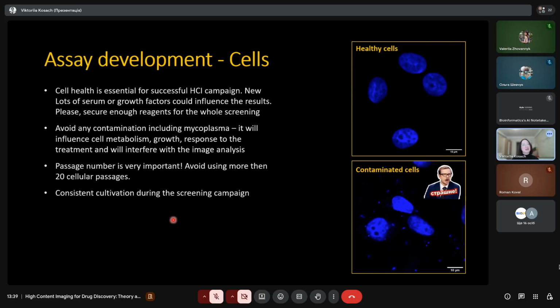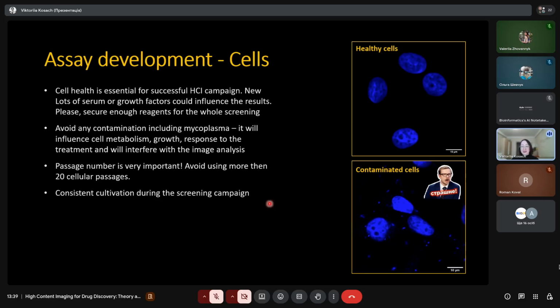And I think you all know it, but still I need to say that your cells should be healthy. They should not be contaminated, especially with mycoplasma, because mycoplasma changes growth rates and metabolism of the cells. It could even influence the response of your cells to the treatment, to your prospective drugs that you are testing.